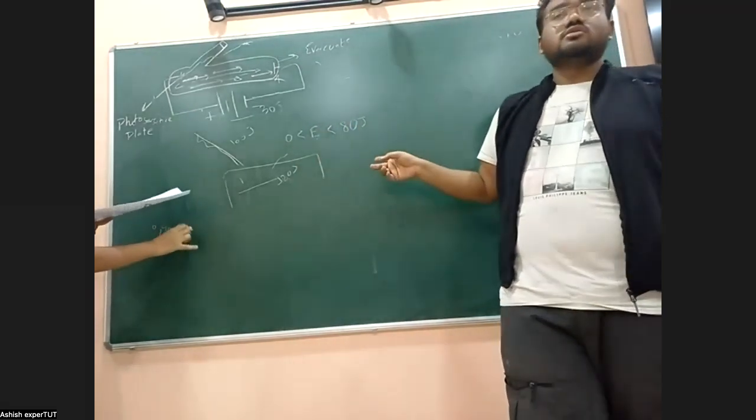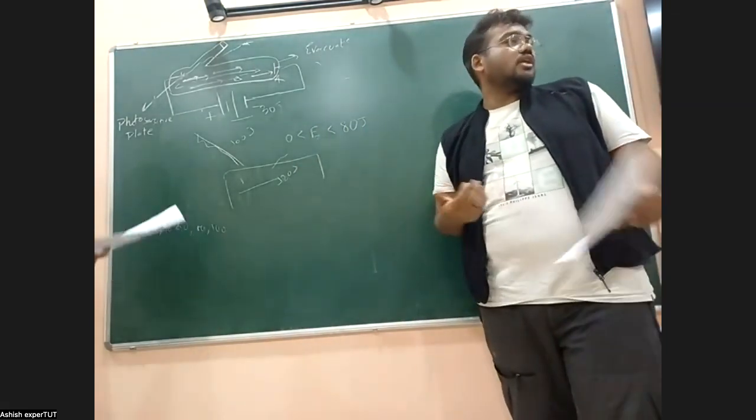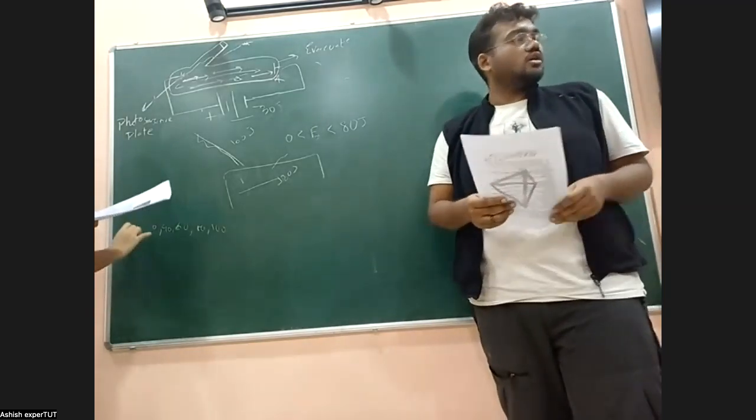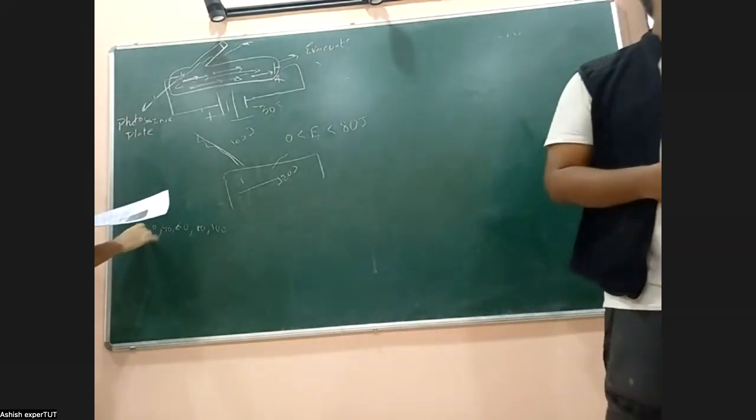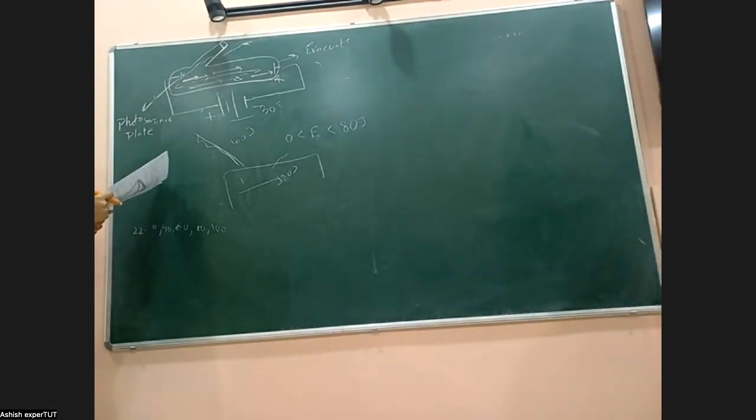Understood? Everyone has understood, no? If you help them out, even the negative ones are also coming out. Whether we put positive potential or negative potential, the electron won't leave the metal plate, the photoelectric plate, without light falling.